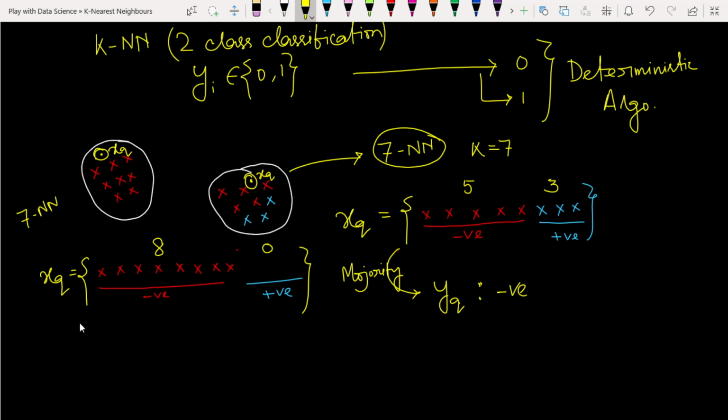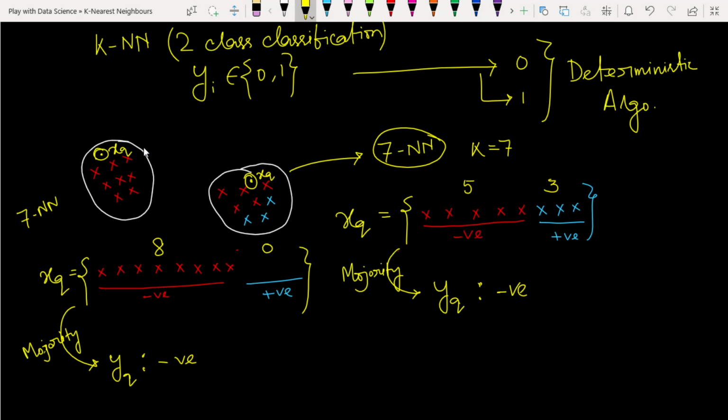If we take the same majority vote here, what will be the output? In such cases our output will also be negative. But the main thing is that here we are more certain, because every point is negative. In the other region we are less certain, because fewer points are negative.